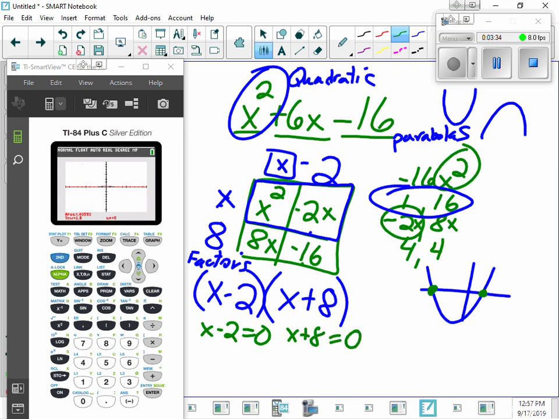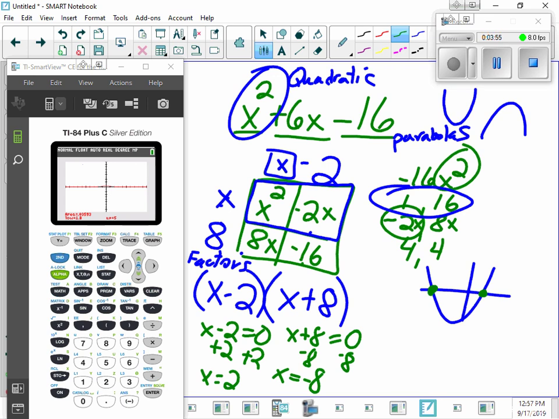Right? Do you remember that from 2.4? So we add 2, and we get x equals 2. And we subtract 8, and I get x equals negative 8. And that is the difference between the first half of 2.5 and the second half.